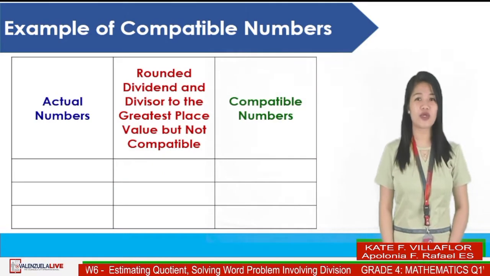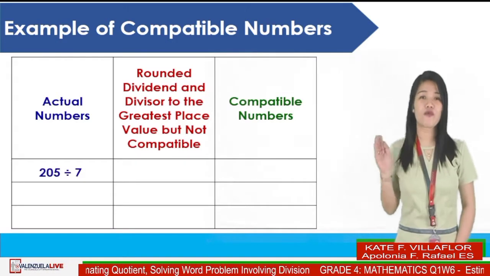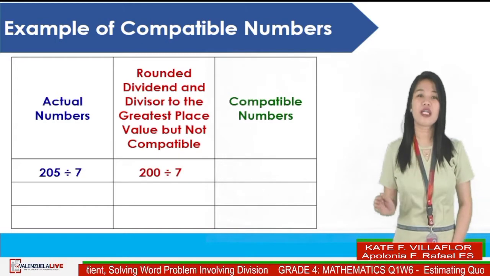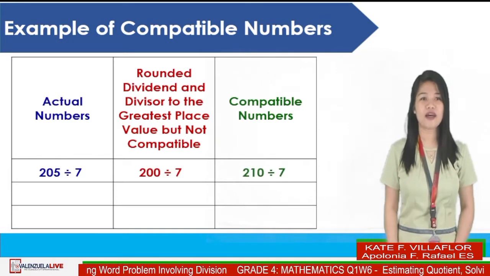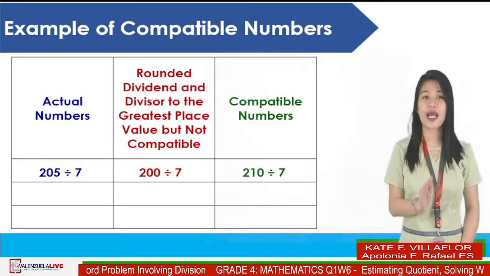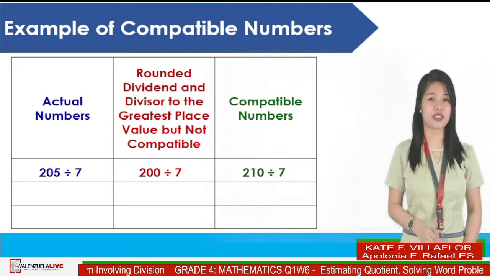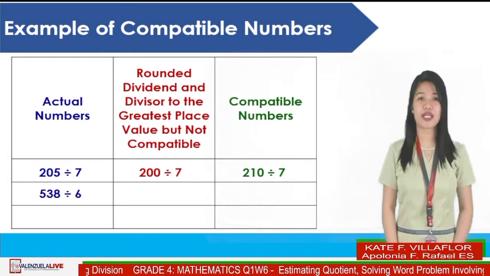Let's have these actual numbers. 205 divided by 7. If we round off 205, the answer is 200. 200 divided by 7 is not a compatible number. 210 divided by 7 is an example of compatible numbers. Another, we have 538 divided by 6.